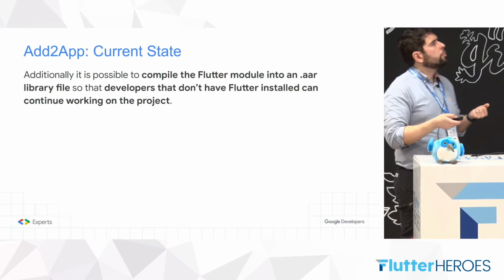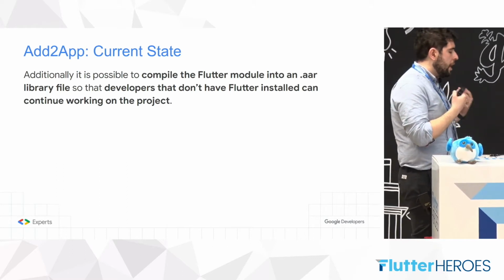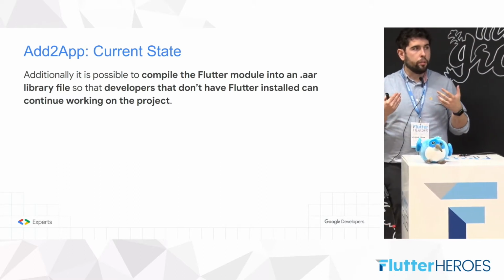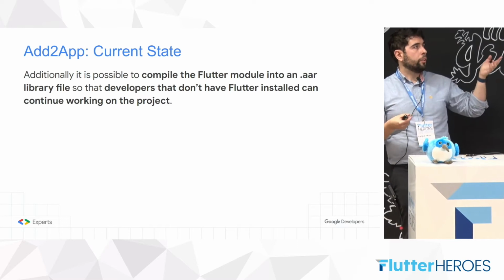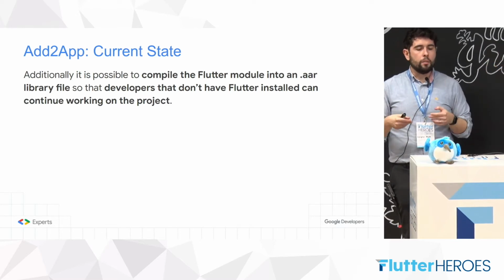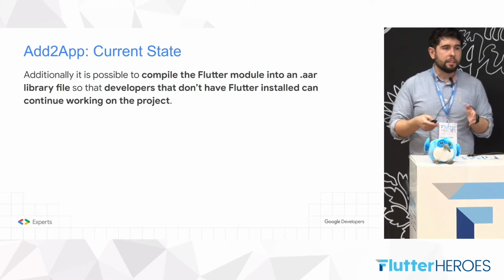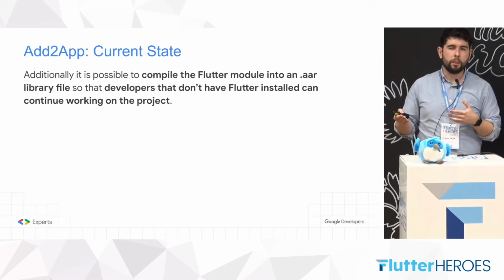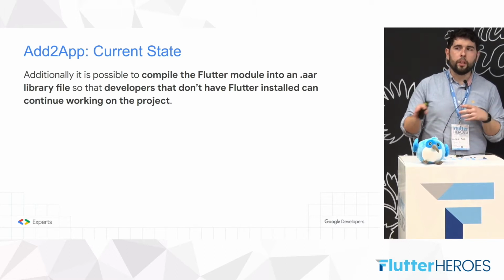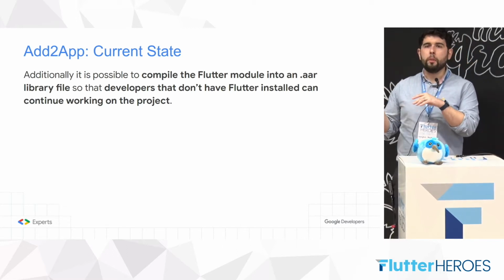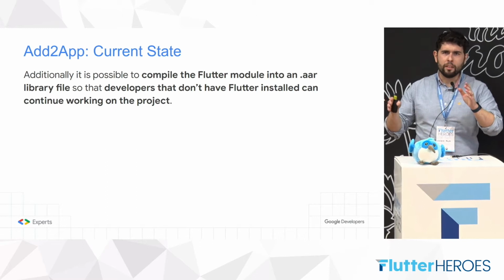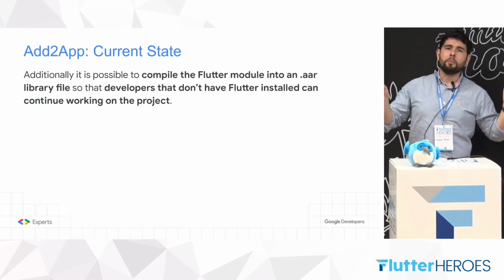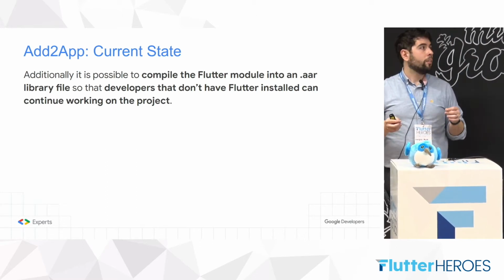It's also possible to convert everything into a new module. In the case of Android, it's going to be an .aar. And why is this good? Well, because your other developers don't need to install Flutter into your application. So again, if we have that scenario in which we have native people who say, oh, I dislike hybrid frameworks, that's not for me, I just like the good stuff of native platforms.